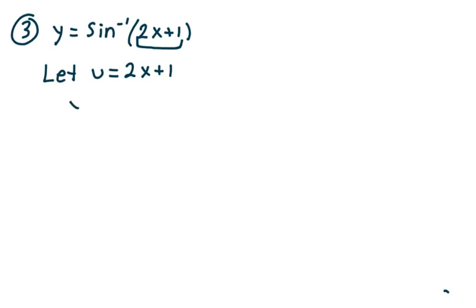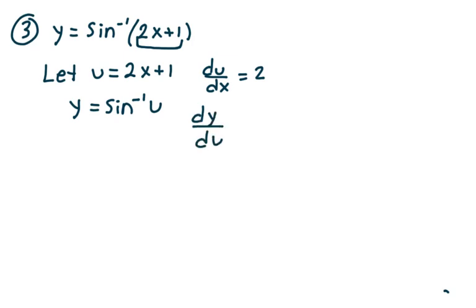As a function of u, we could say y equals arc sine of u. Now, du dx is equal to 2, right? dy du is 1 over the square root of 1 minus u squared.